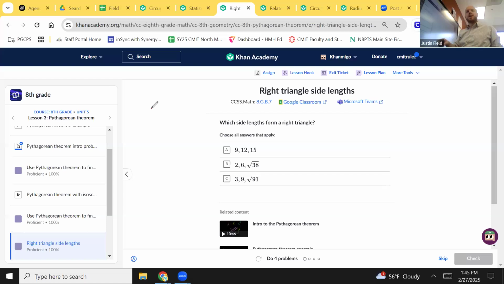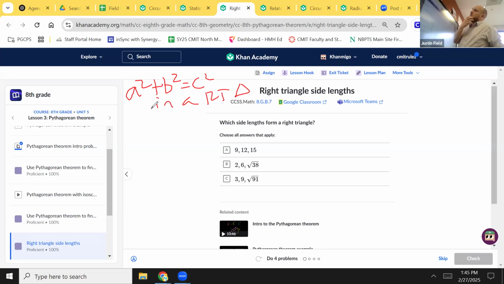And there's a word for it and I can't think of it, but maybe you could look it up. So the Pythagorean theorem says that a squared plus b squared equals c squared in a right triangle. Lemma. It's not lemma. It might be lemma.